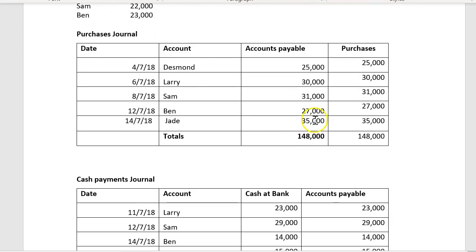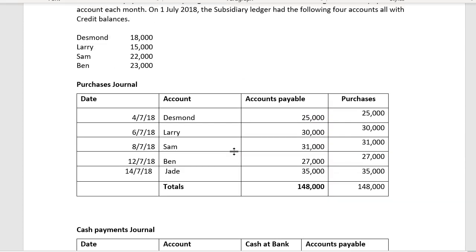And then we need to complete subsidiary ledger accounts for each supplier. After we post these transactions to subsidiary ledger accounts and control accounts, the sum of subsidiary ledger balances of these suppliers must equal the closing balance of accounts payable. Okay, let's start.